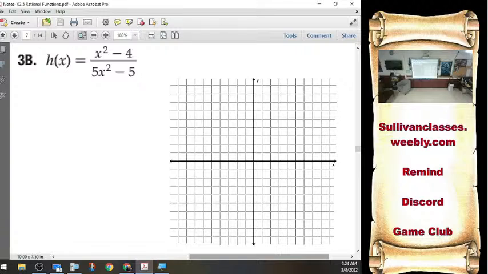Factor what you can. Zeros of numerator and denominator.